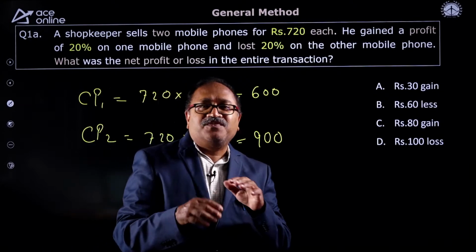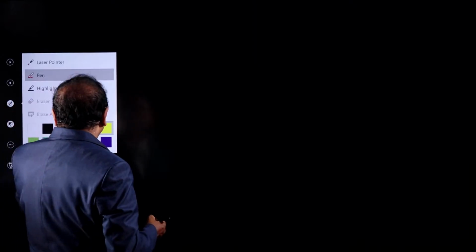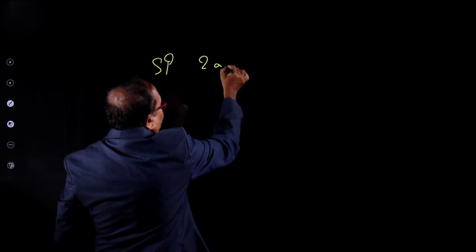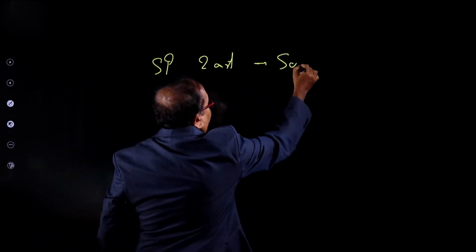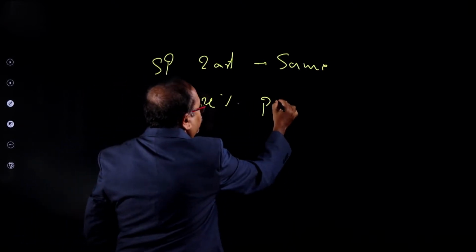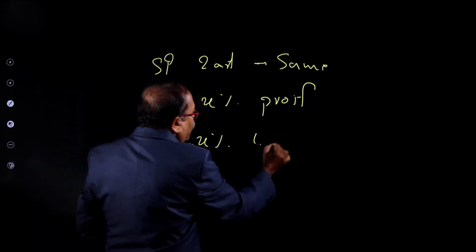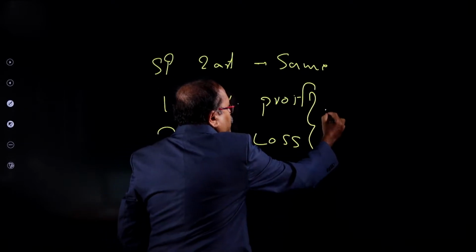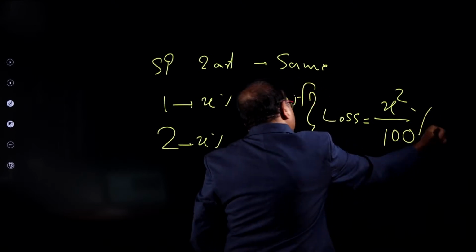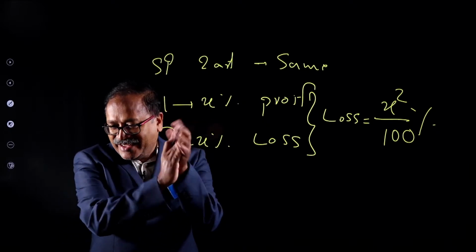That is, if 2 articles are sold at the same price, I am very happy, Sai, to notice that if SP of 2 articles is same, and in one there is X% profit and in the second one X% loss, then overall there is a loss. How much loss? X square by 100%. And that's what Sai knows. Yes, Sai. Well done, well done.